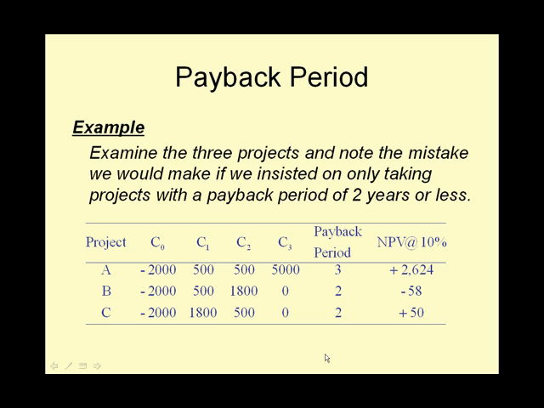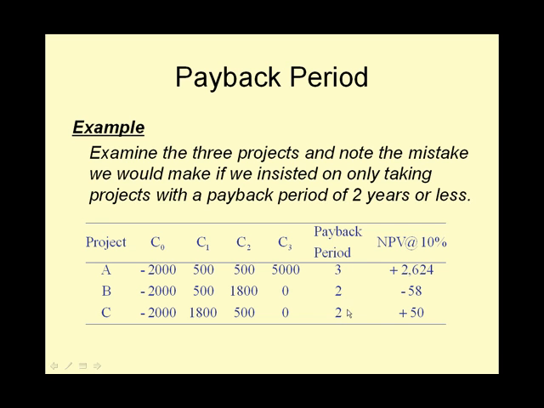Now let's calculate the payback period for these three projects. Project A requires 3 years to recoup the initial cash outlay. Project B requires 2 years, and Project C requires 2 years.